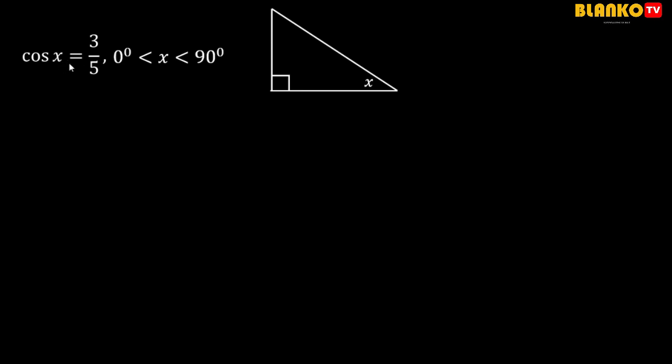So that means 3 here is the adjacent, and 5 here is the hypotenuse. I hope you understand. Okay, so let's name the opposite side to be y. I hope you are following it.